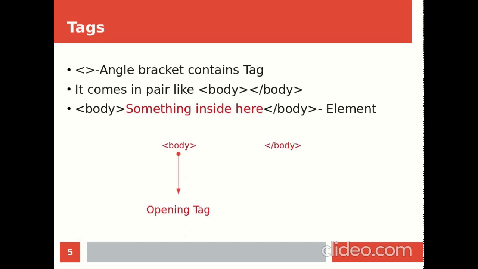Like in the third bullet point, I have mentioned this opening tag. After that I have written content inside it. Then I have given this closing tag. So this is the closing tag. We have many more types of tags which I will explain later in the video.